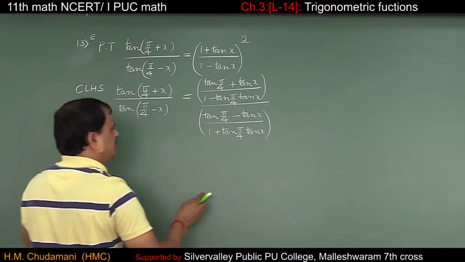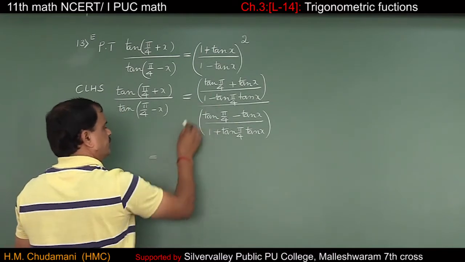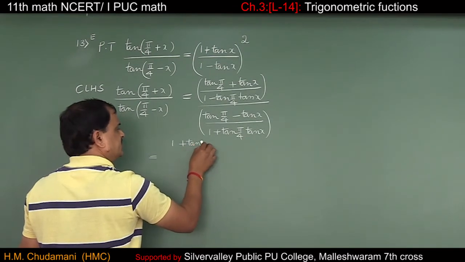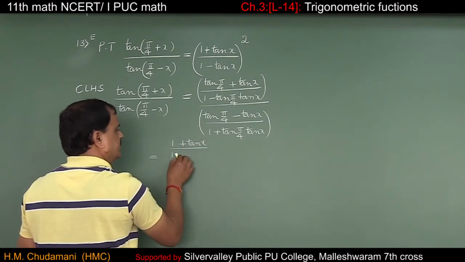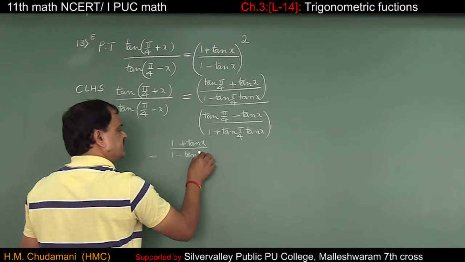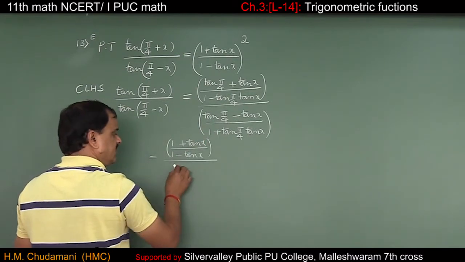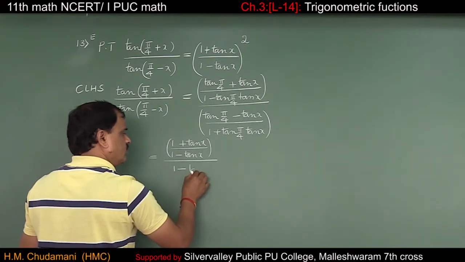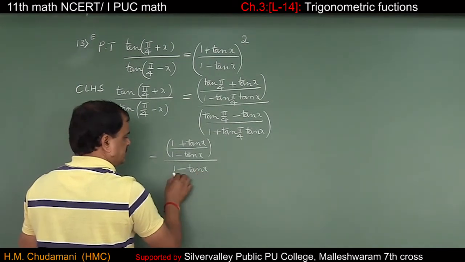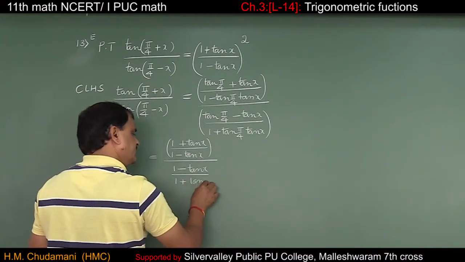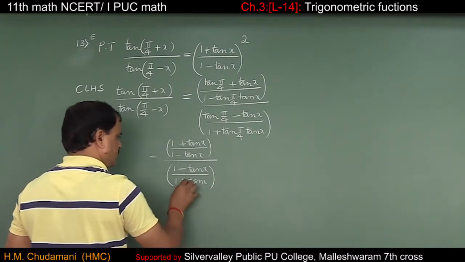So tan pi by 4 is 1, giving 1 plus tan x divided by 1 minus tan x, whole divided by, again tan pi by 4 is 1, 1 minus tan x divided by 1 plus 1 into tan x, means tan x only. This gets reciprocal.